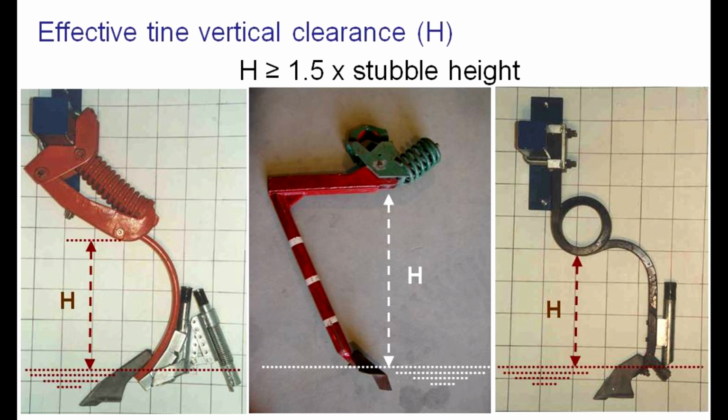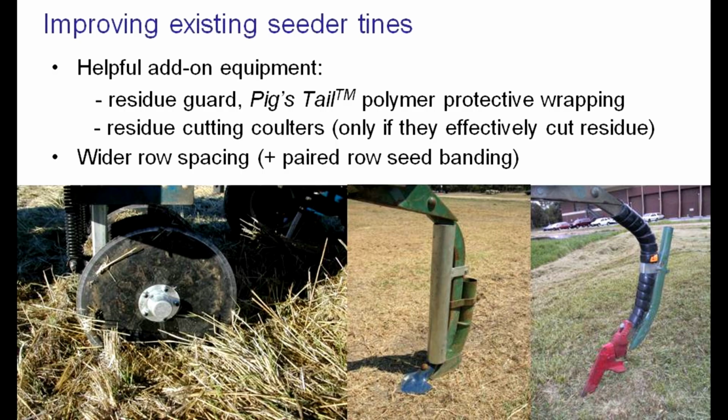Just talking about the add-on kits that are available to farmers. Essentially, these residue guards transform the existing designs to something closer to the improved design. And some polymer wrappings, all of that is just to try and make it a lot smoother with rounder edges.